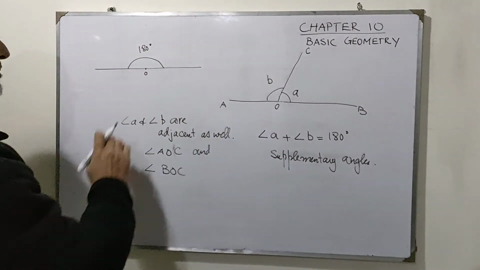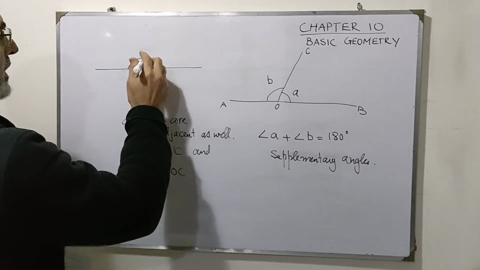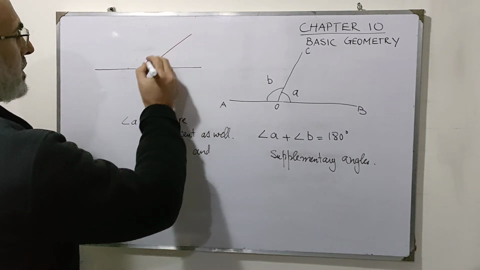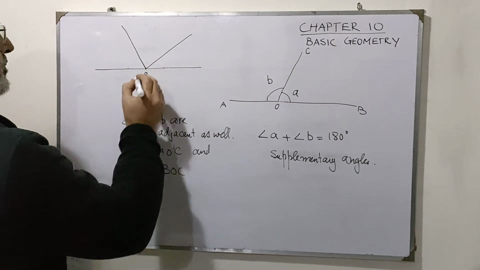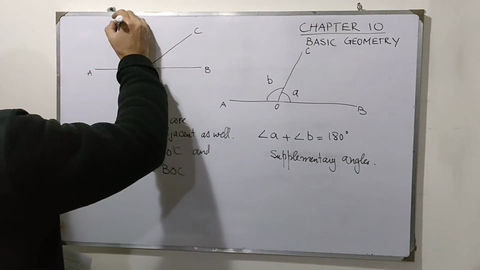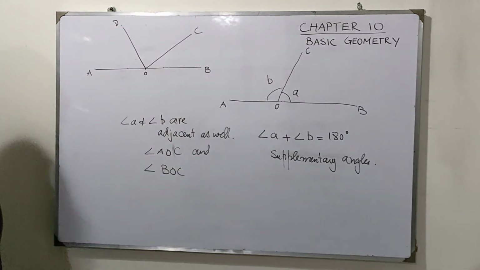Now, taking it further, if supposedly I have here this line and this line, this is A, this is B, this is C, and I have this D, okay?